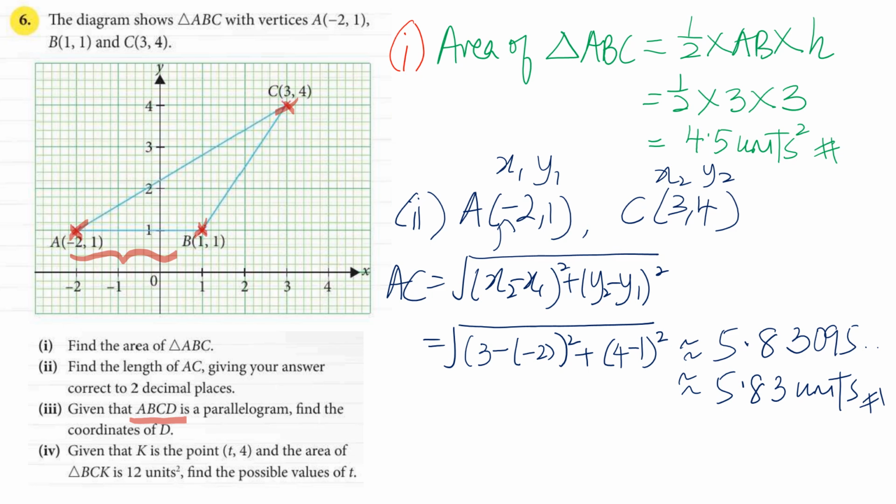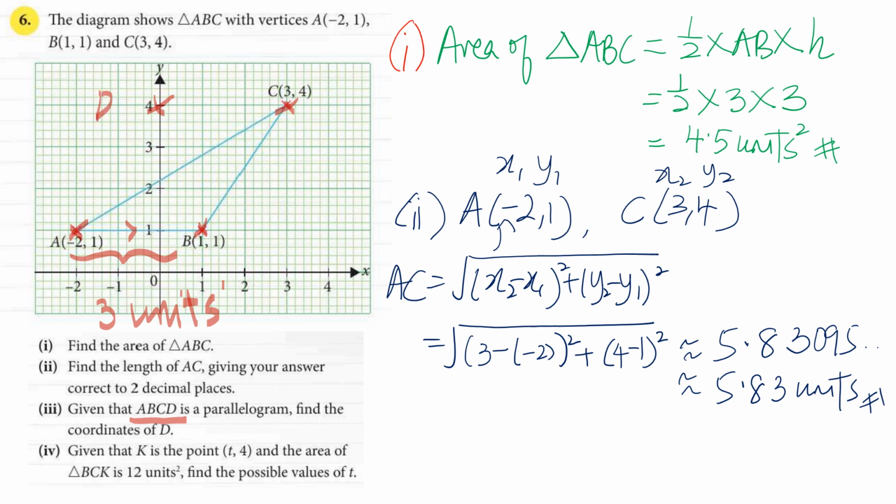Okay, so in other words, the distance between CD will have to be the same as the distance between AB. And AB just now we calculated to be 3 units. So therefore, the distance between CD has to be 3 units. Okay, and it has to be parallel. So that means my CD must also be a horizontal line. So you just count 3 units. Oh, just here.